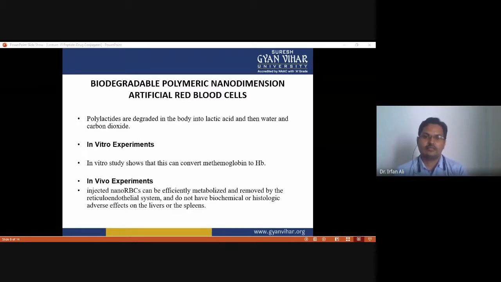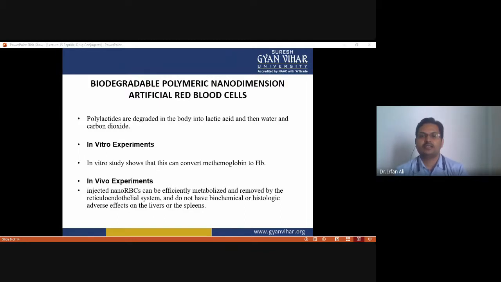So the researcher made use of his background in the use of biodegradable polymers like polylactides for artificial cells containing hemoglobin and other biologically active material, and these biodegradable polymers are in routine use in surgery and drug delivery and other biomedical applications.